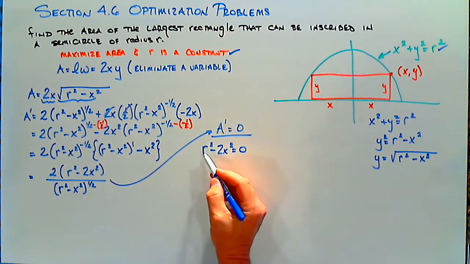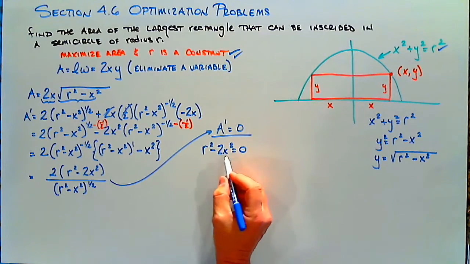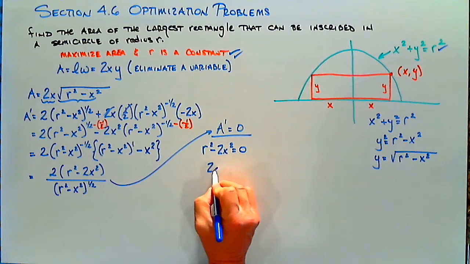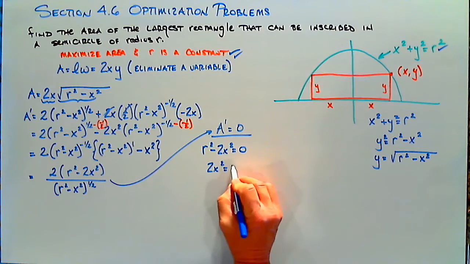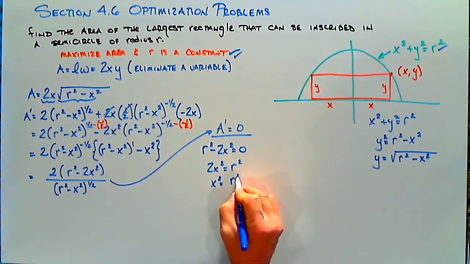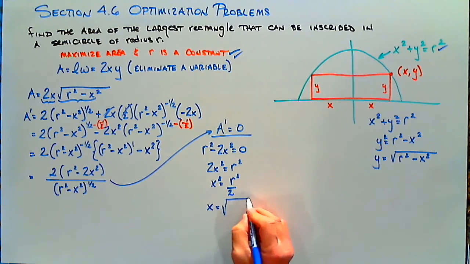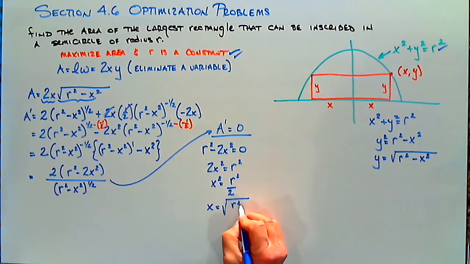Now remember, r is a constant. We've written it here, checked it twice. So what do we have now? We have 2x squared equals r squared, or x squared equals r squared over 2, or x equals the square root of r squared over 2.